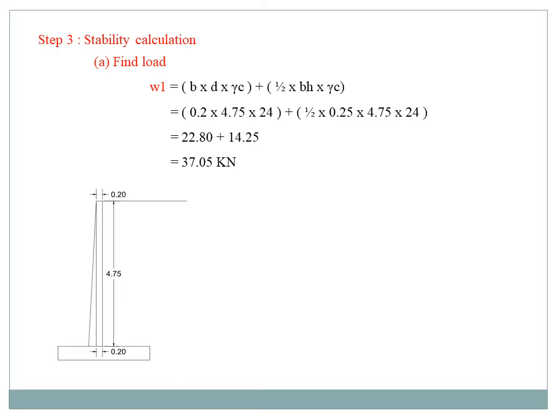Then D is equal to the height of the stem, 4.75, and gamma C is 24. Then 1 by 2 into B into H for the triangular portion, B is equal to 0.25. See figure B, our triangle portion base width is 0.25, and height is the same stem portion, 4.75. So finally we got 37.05 kilonewton. This is our W1.